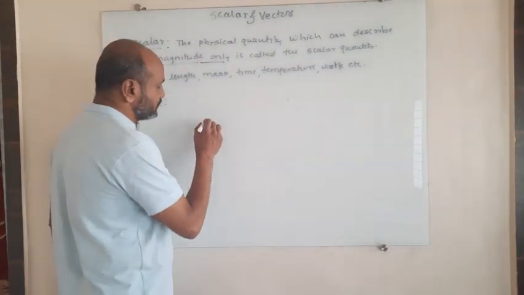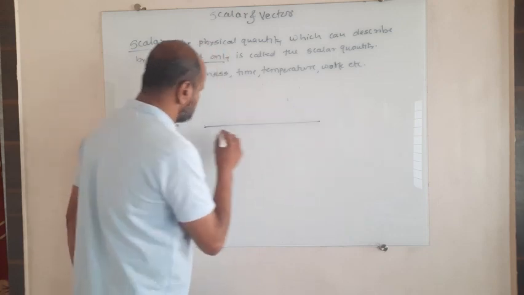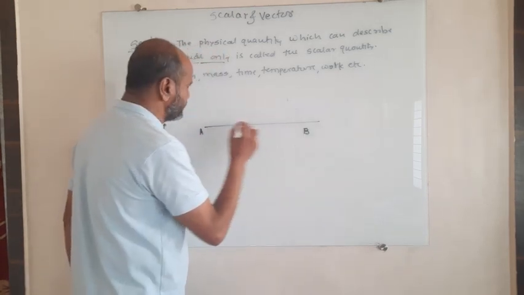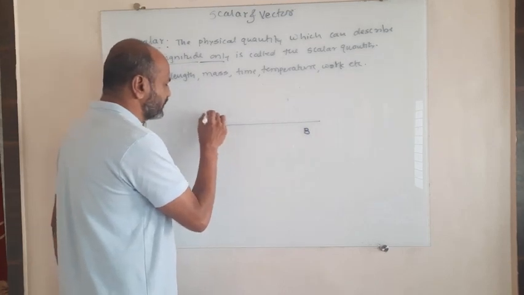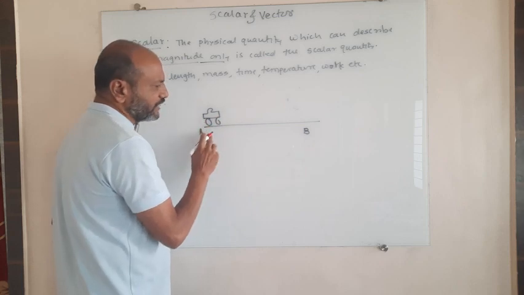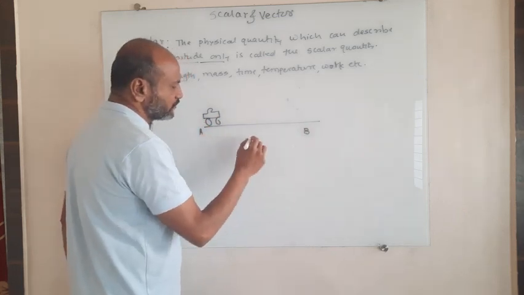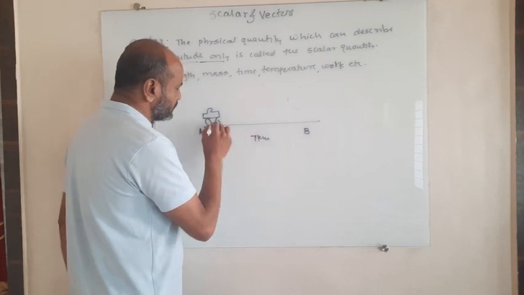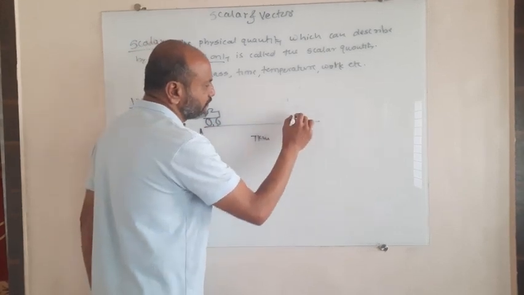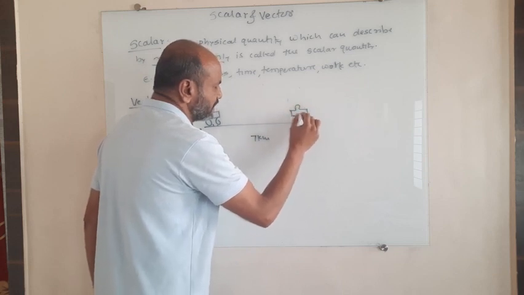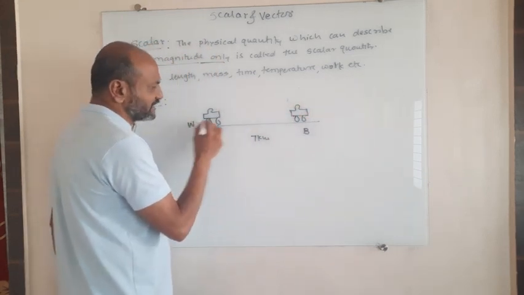For example, to explain the displacement, suppose the initial point is A and the final point is B, and suppose this is a small vehicle, and this vehicle moves from point A to B, and suppose this distance is 7 kilometer, so it travels 7 kilometer from A to B, from west to east.